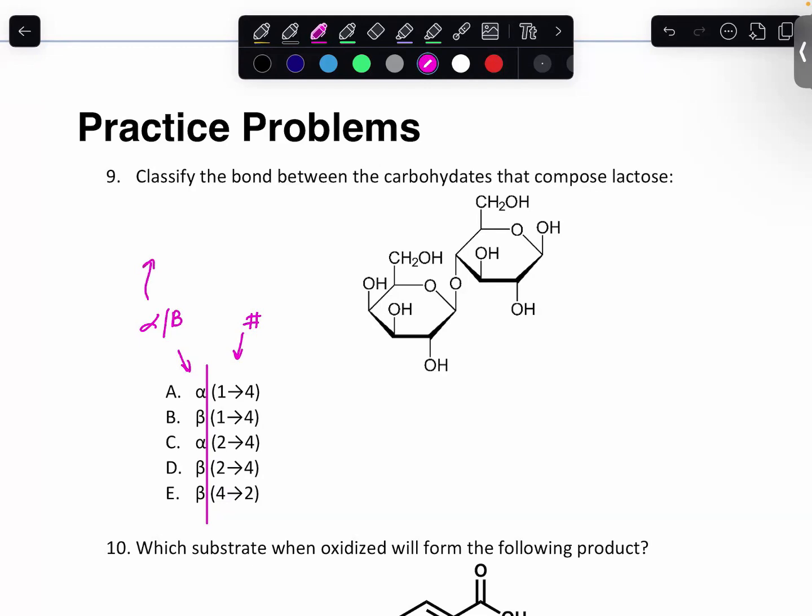So this tells us the direction of the OH, or the linkage. What means what? Yes. Alpha equals down, beta equals up.